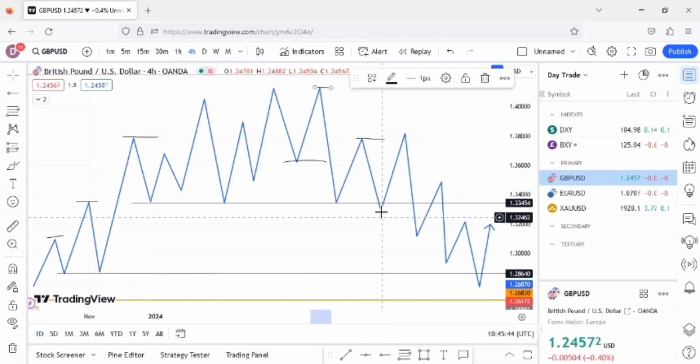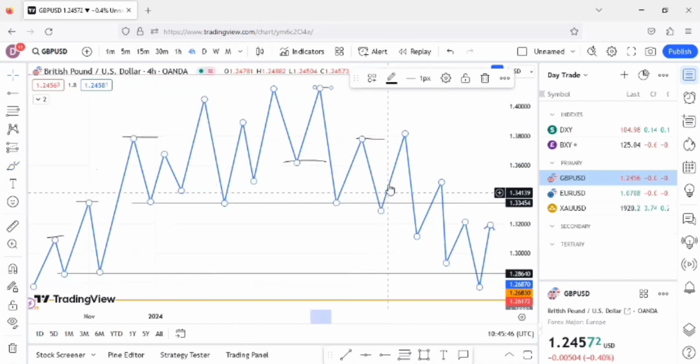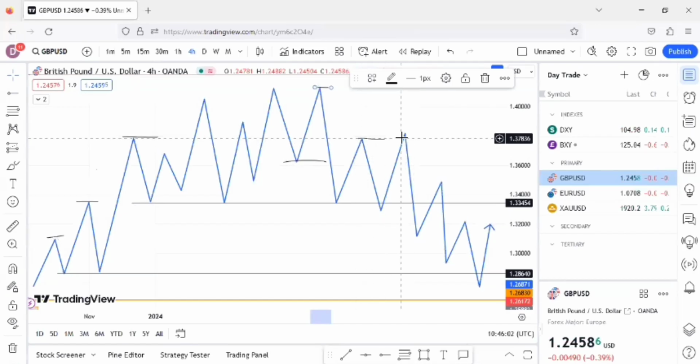So as soon as you have this impulse leg and a pullback to hit that level, that is your supply level. From here, you take a sell, because that is where you have the presence of the sellers. The sellers are waiting here for the market to pull back to this place.